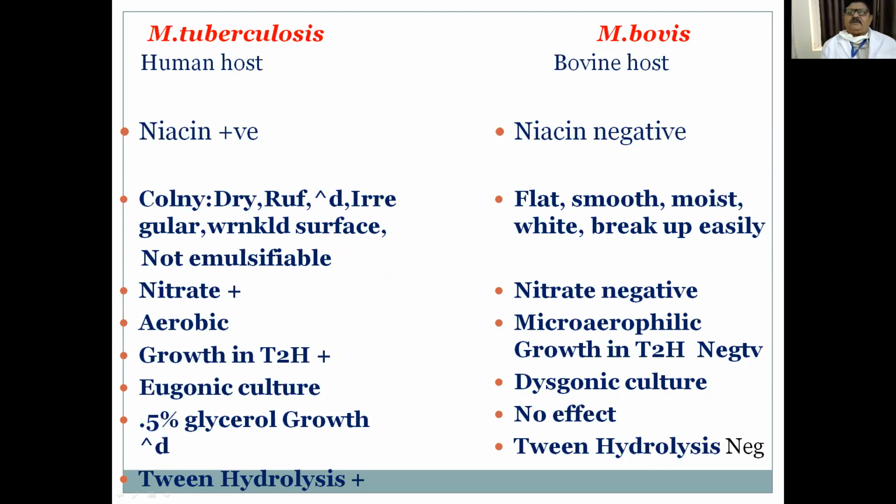With 0.5% glycerol, or glycerol bile potato medium, the growth is increased in tuberculosis, whereas there is no effect in case of bovis. Tween 80 hydrolysis is positive in tuberculosis and negative in bovis. So these are a few differences.